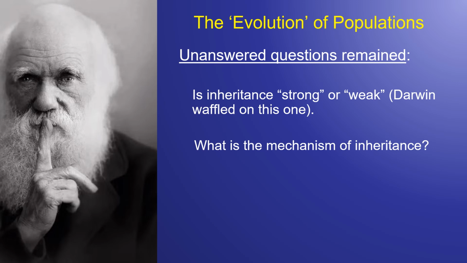I'm going to go kind of off on a tangent for a second here. He thought that perhaps all of the different parts of the body, the different structures, produced little packets of information. He called them gemmules, and they were released into the bloodstream, and they got together to help form the sperm or egg, and they were passed on.